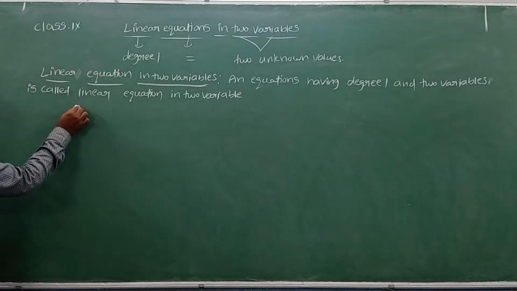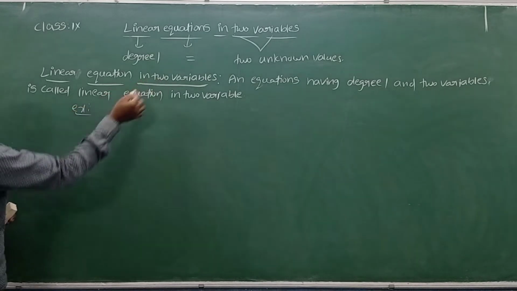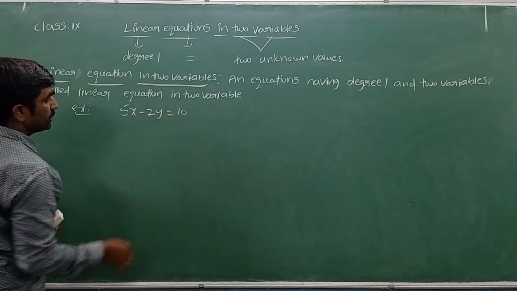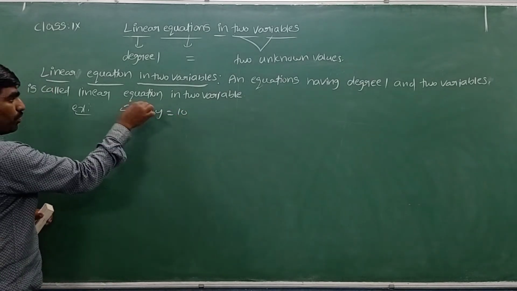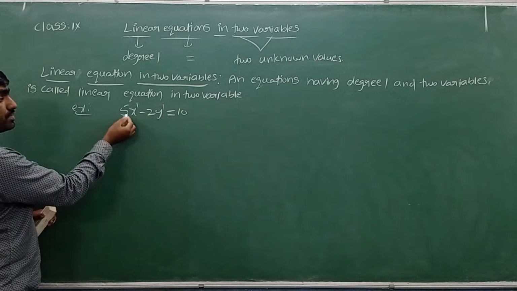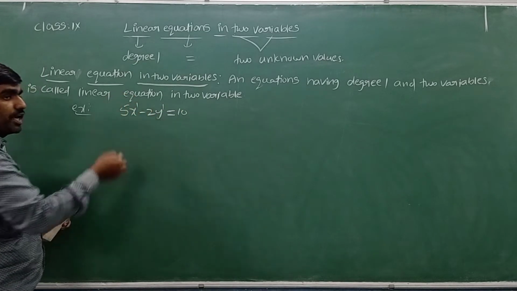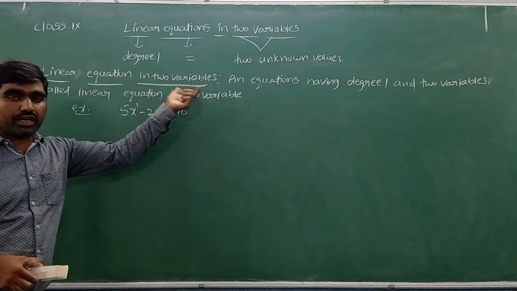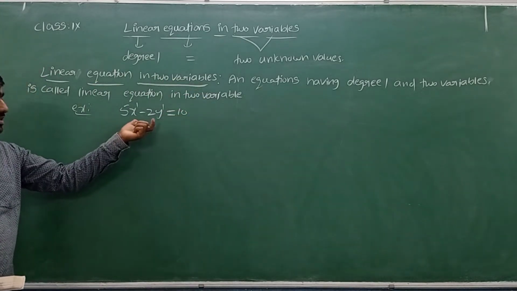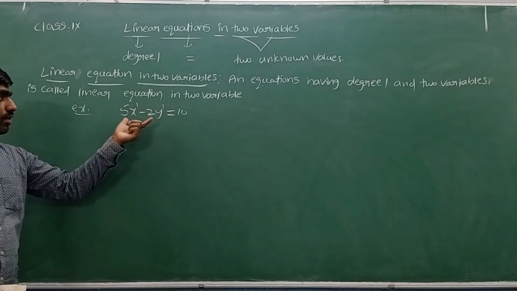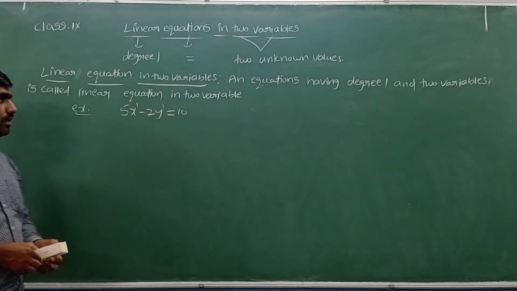Let's see a few examples. Let me take 5x minus 2y is equal to 10. Here I can see degree 1, an equality symbol, and two variables, x and y. So it is an example of a linear equation in two variables.